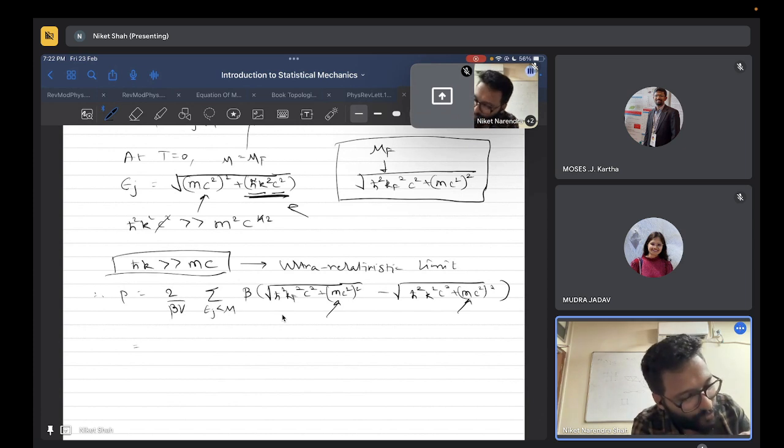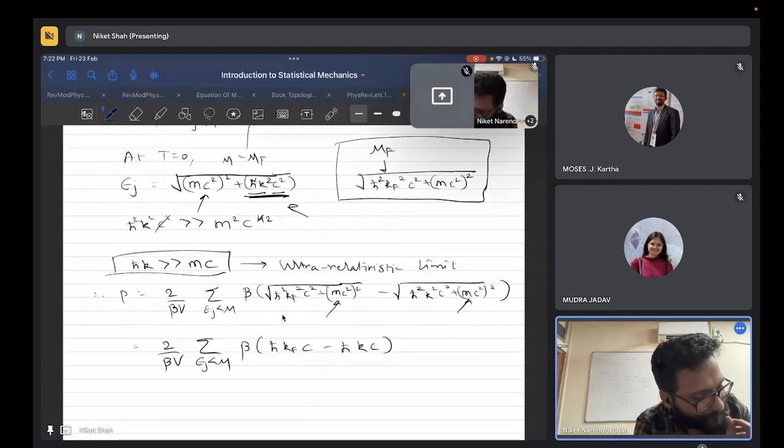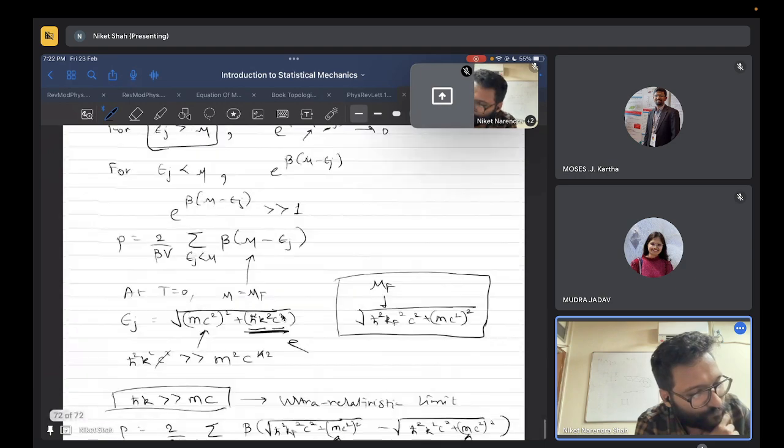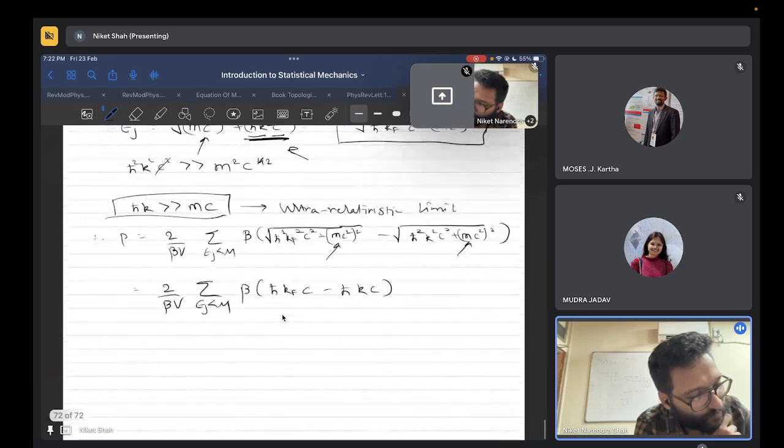So what I get is 2 by beta v, sum over epsilon j less than mu beta, into h bar kf c minus h bar k c.